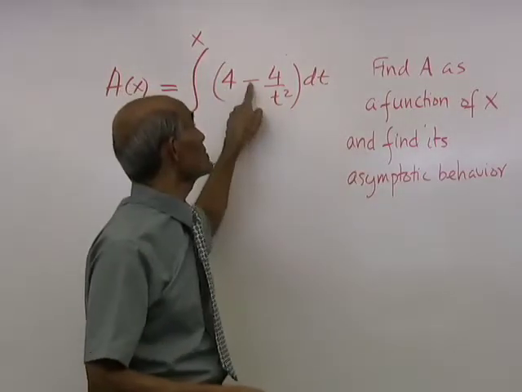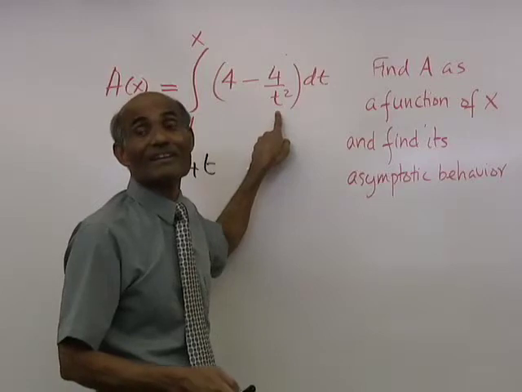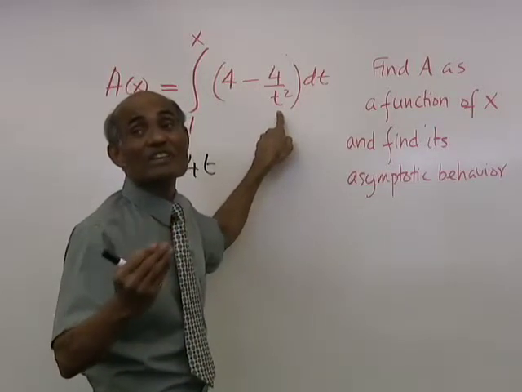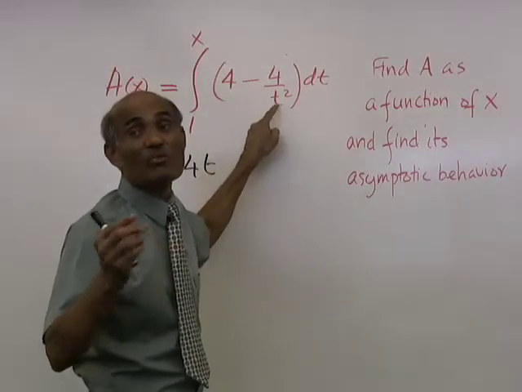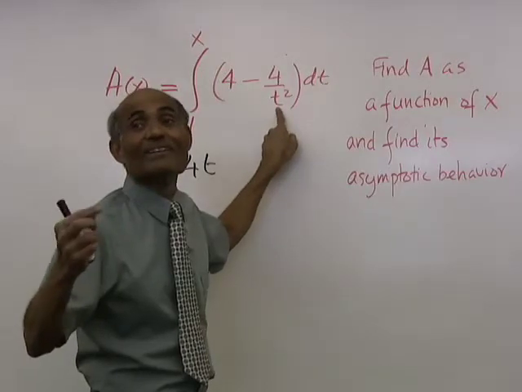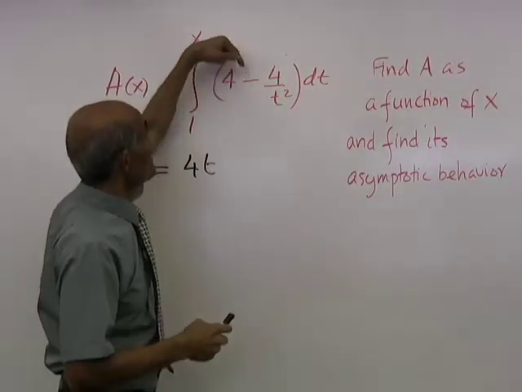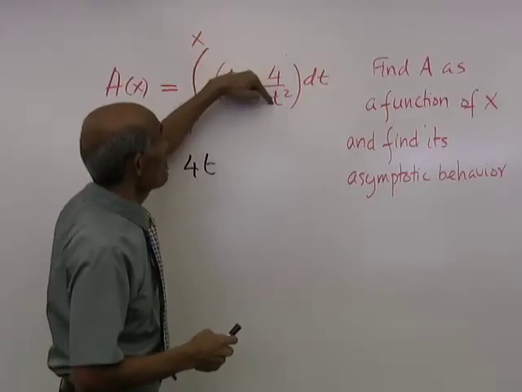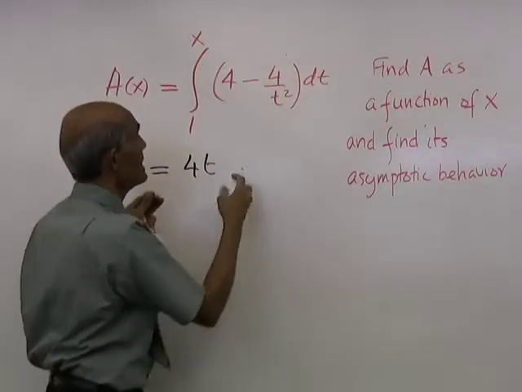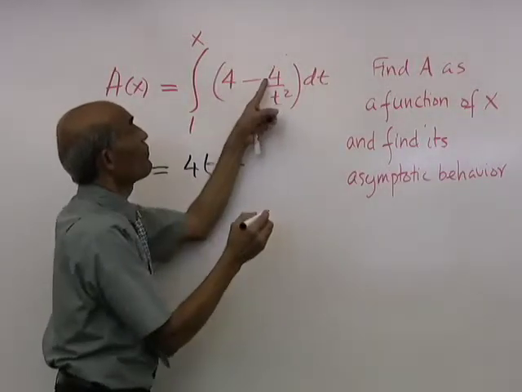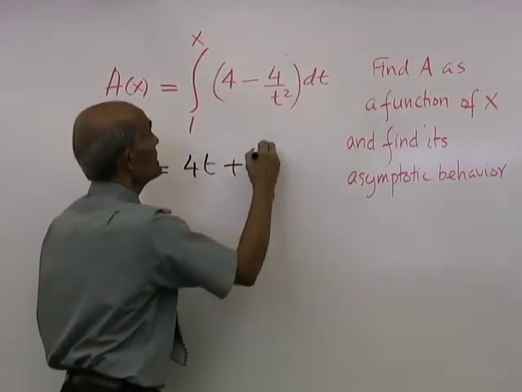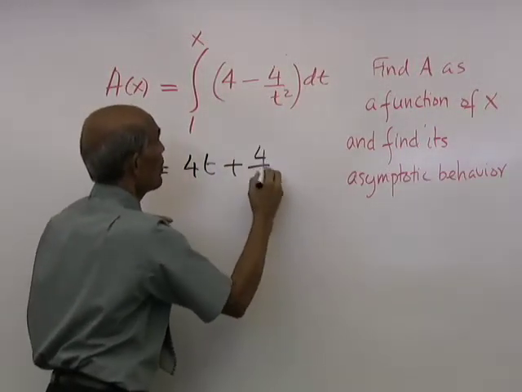Therefore, the integral of negative 4 over t squared dt is actually 4 times 1 over t, or 4 over t.